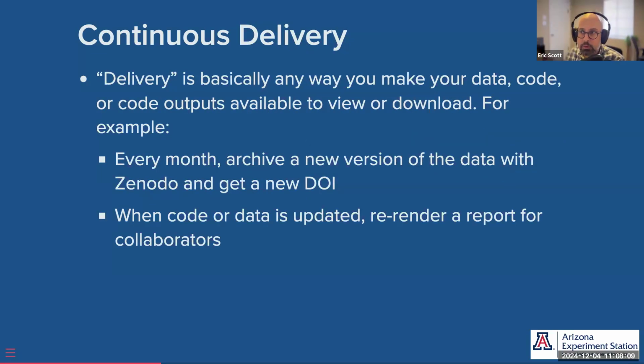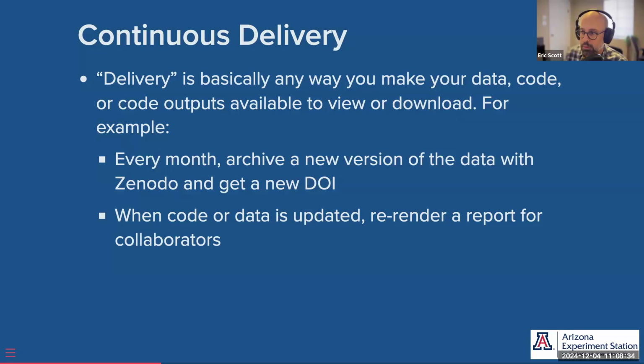Continuous delivery here is basically any way that you make your data, your code, the outputs of your code, reports, whatever, available for people to view or to download or to use. So in a scientific research data science context, maybe that's like every month we run a GitHub action that archives a new version of our data with Zenodo and gets a DOI.